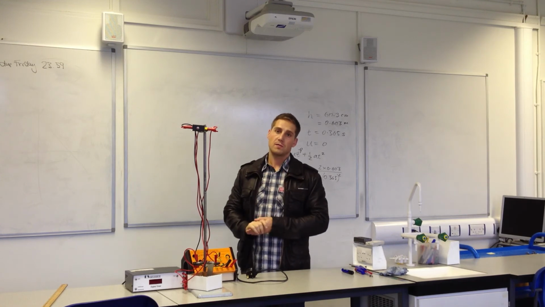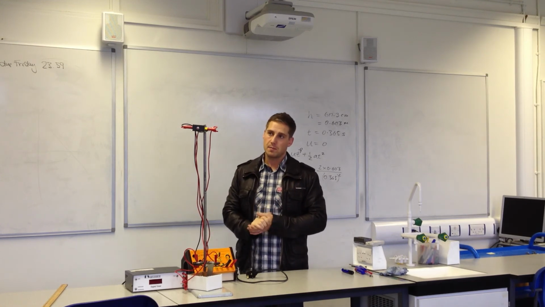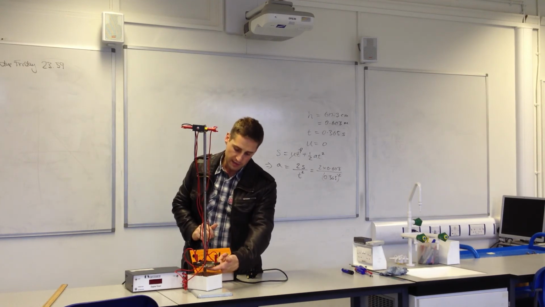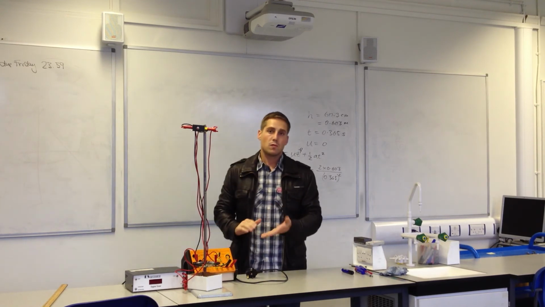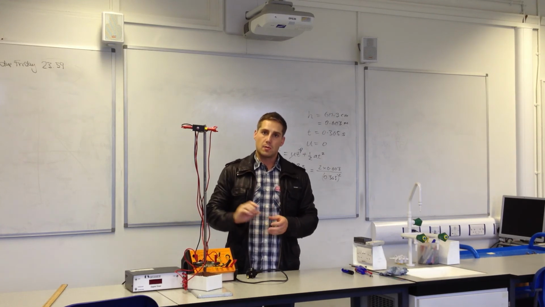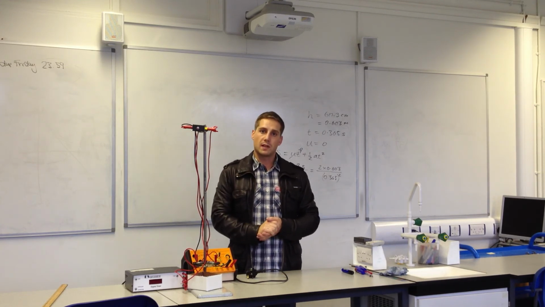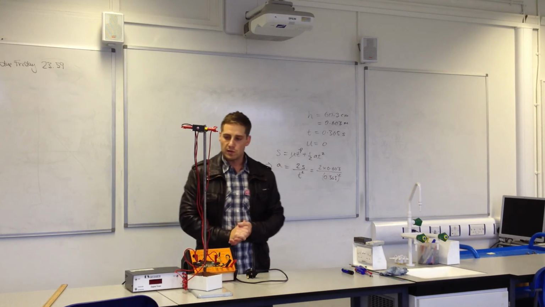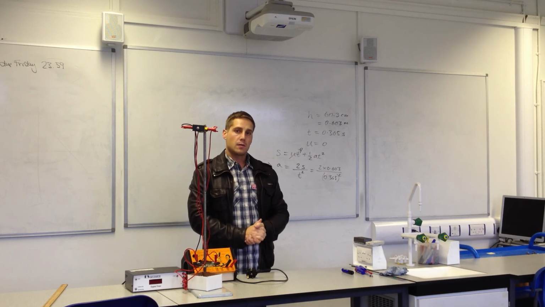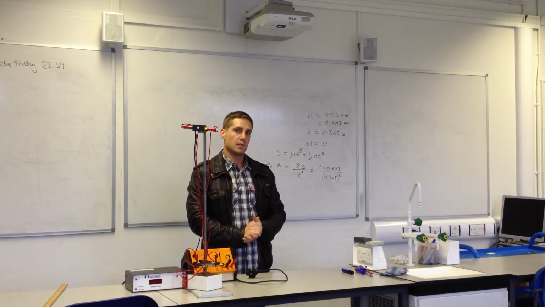So there's a little bit of a delay there, and that needs to be factored in. And then the final one is that when the ball hits the trapdoor it may not instantly open and therefore stop the timer. So there's also a small amount of delay there. And so that causes our value for g to be less than the value 9.8 metres per second squared.